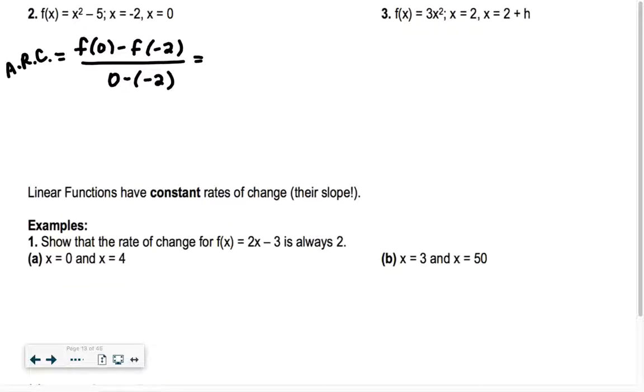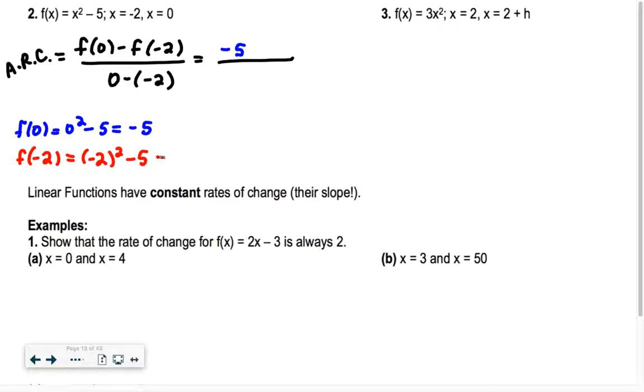Okay, so we have f of 0. Well, we need to find that. So maybe we'll find that off to the side. So f of 0 is going to be 0 squared minus 5. So don't we just get -5? So that's -5. And then f of -2 is -2 squared minus 5.